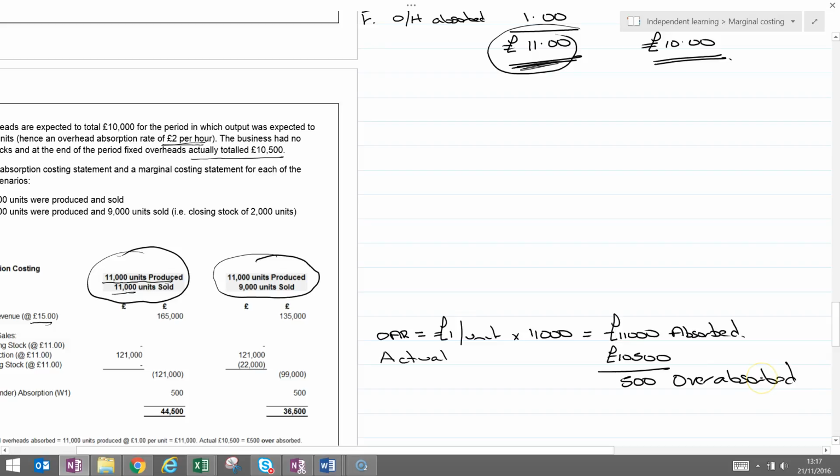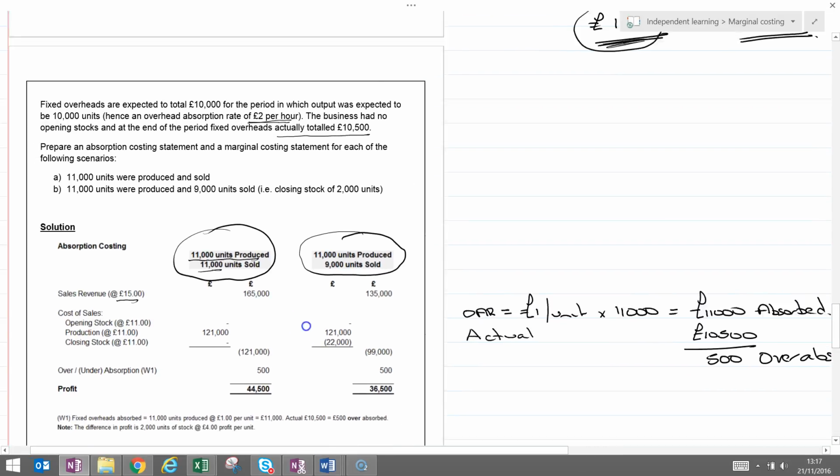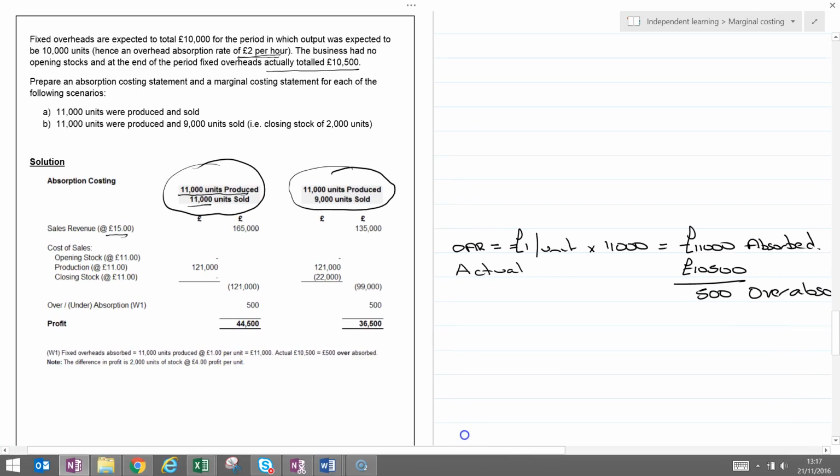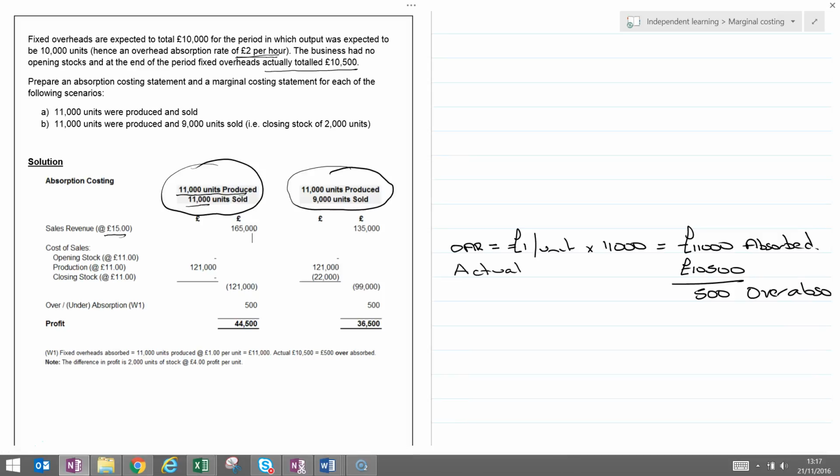And we add that. So £165,000 minus our cost of sales plus our over absorption gives us a profit. So I'll just let you think about that for a minute before we look at the second scenario.